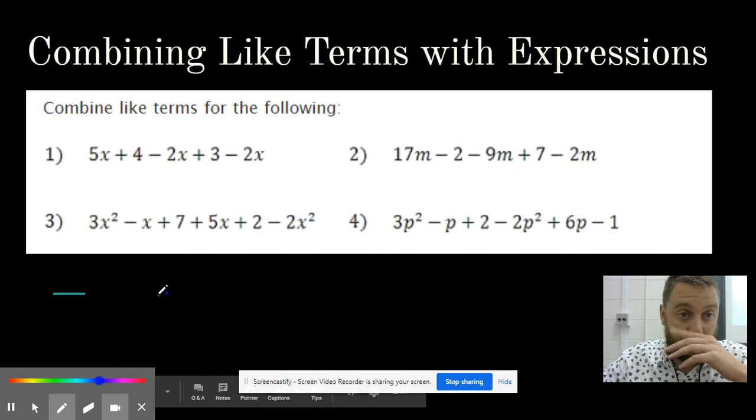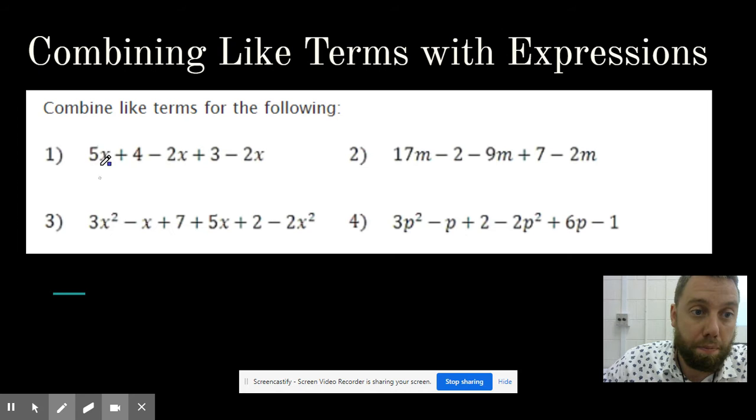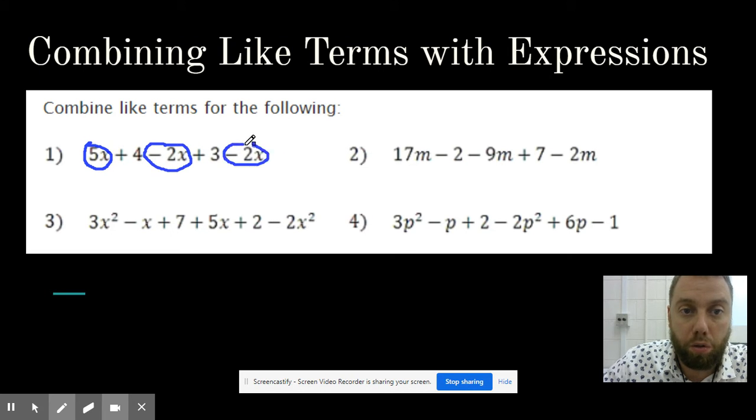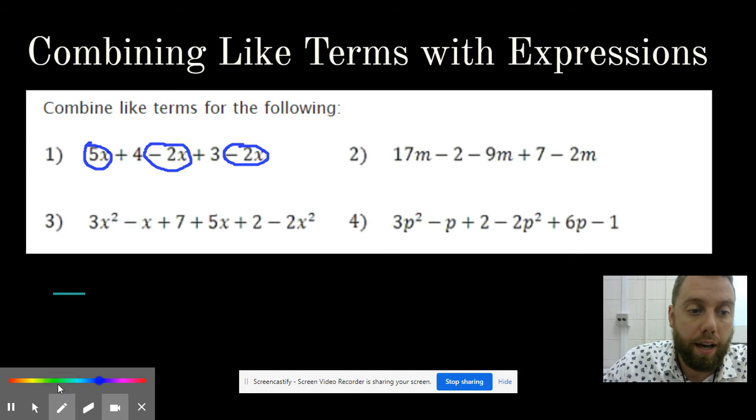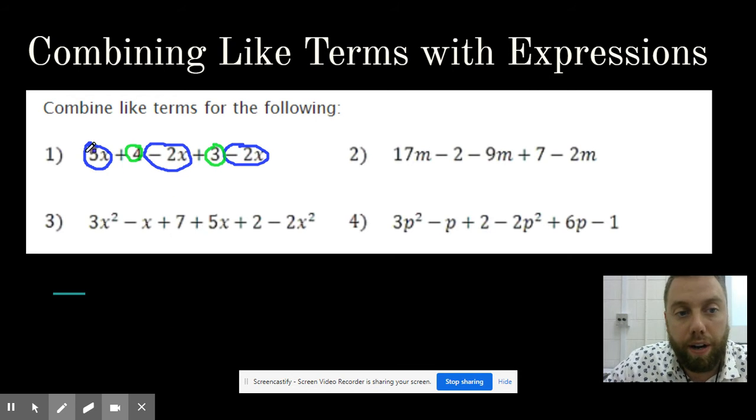Now, a little bit more of a complicated example. We have number 1 here, which has actually 3 terms, 1, 2, 3, that have x's, and 1 and 2 constants. We can add these all together. 5x minus 2x is 3x, minus 2x is just 1x, 5 minus 2 minus 2.